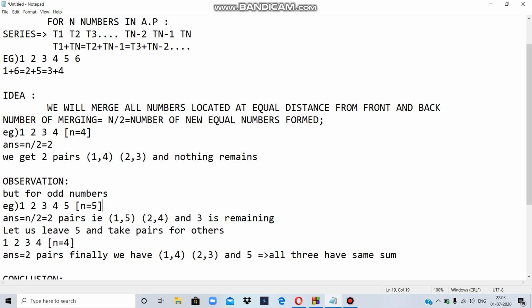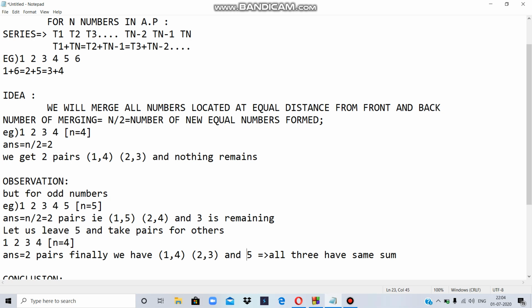Let's try. Suppose instead of 3 we leave 5. What I'm talking about is, if I leave 5 and take pairs of these 4 numbers only, then as I've calculated earlier, I will get 2 pairs, 1 4 and 2 3, and what remains is 5. 5 is the largest element which I had ignored, because earlier I was getting 3, so we are just trying our luck and watching what happens if I leave 5 in this case.